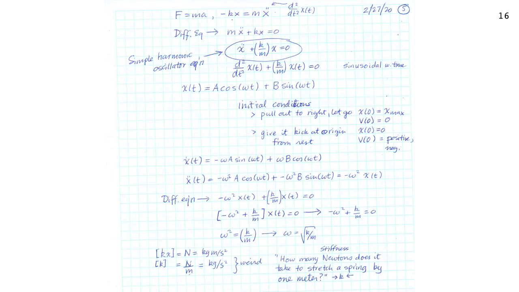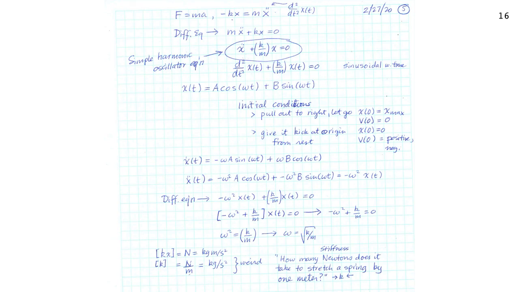Okay, now let's take a look at the units there. K, we didn't do this above here, but let's do it now. The units of K times x are newtons, and that's the same as kilogram meter per second squared. So that means that K is equal to newtons per meter, and that's the same as kilogram per second squared.